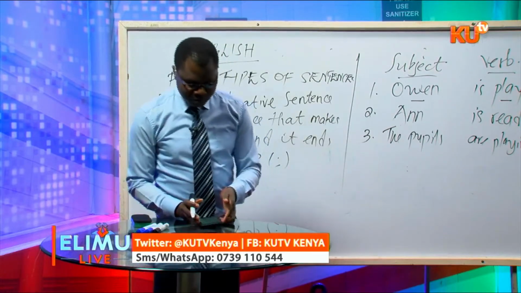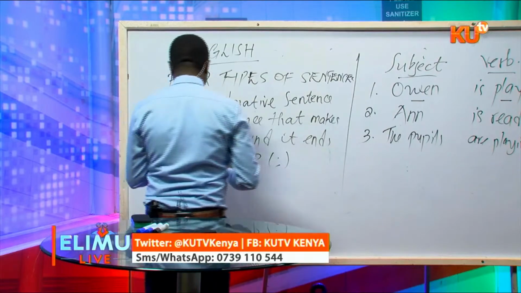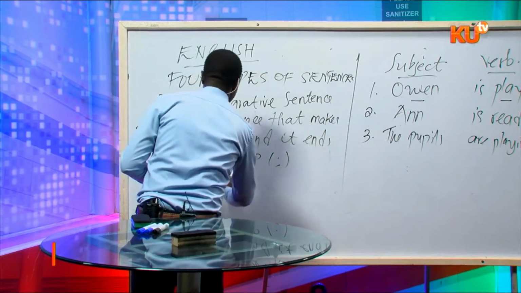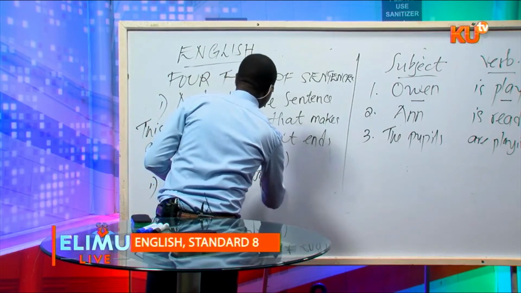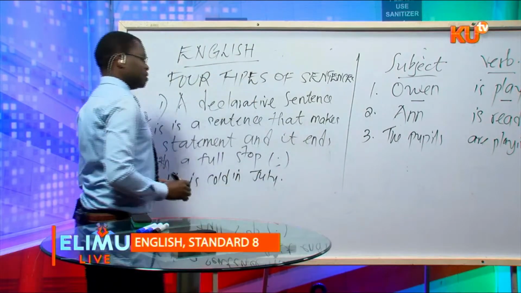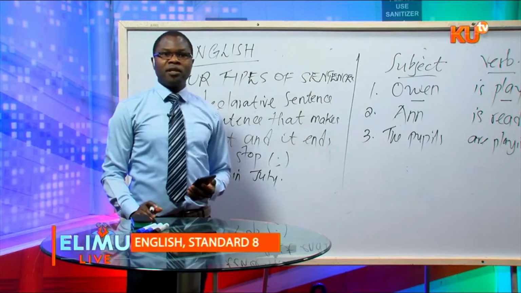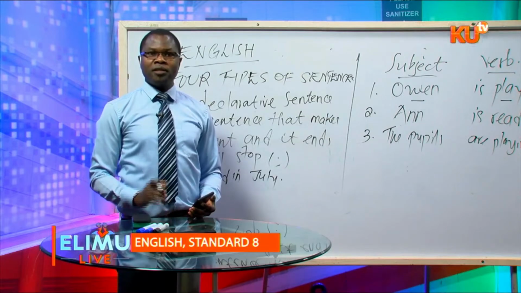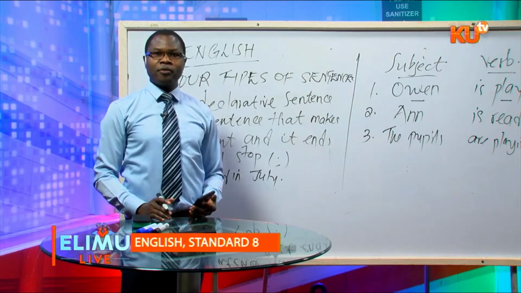Number 1, it is called in July. This is an example of a declarative sentence. It is just a statement made and it ends with a full stop.